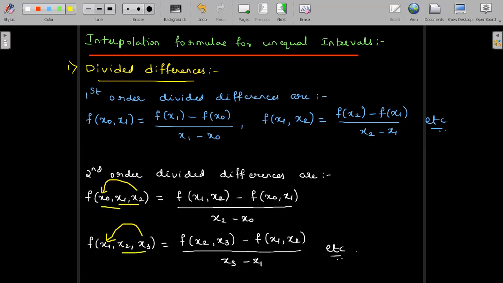Okay, so that was just for your reference. Now with all these, we will move ahead to the divided difference formula.